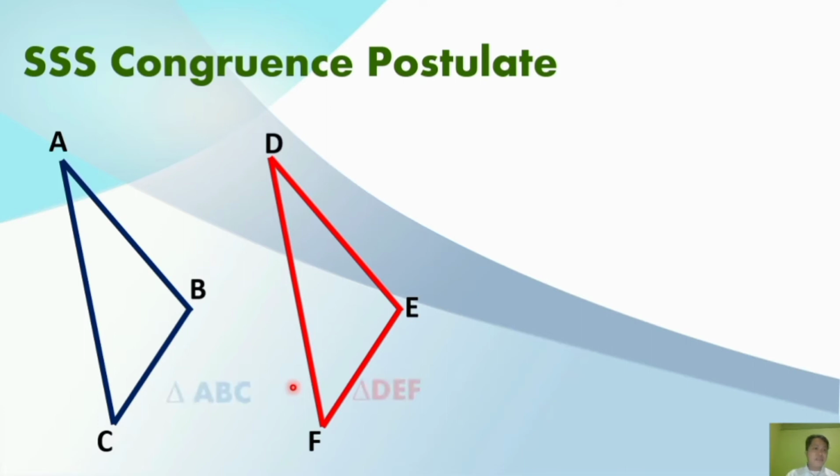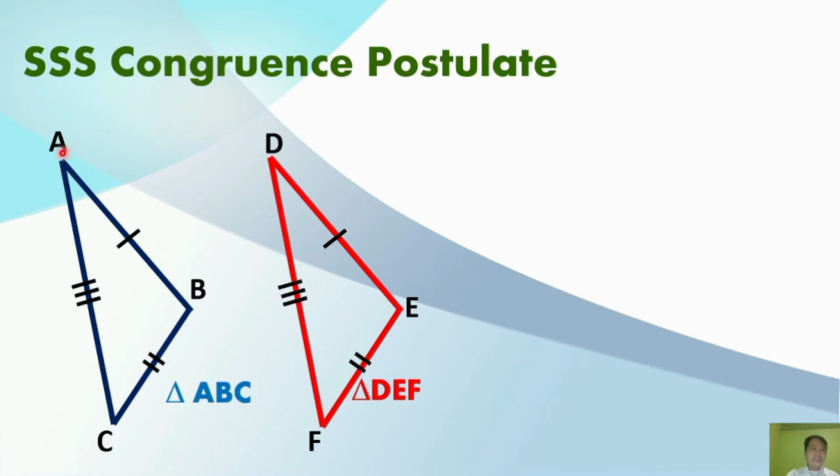Suppose these parts here of triangle ABC and triangle DEF are marked. Okay, so we have here 3 sides that are marked. May tick marks. So ano ang pinapahiwatig ng 3 tick marks na yon?